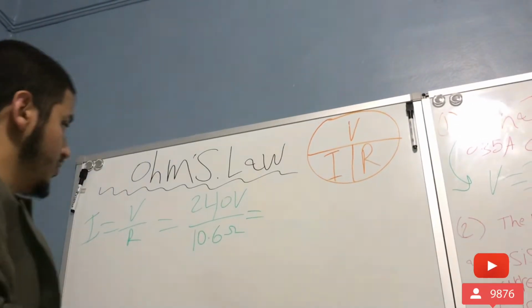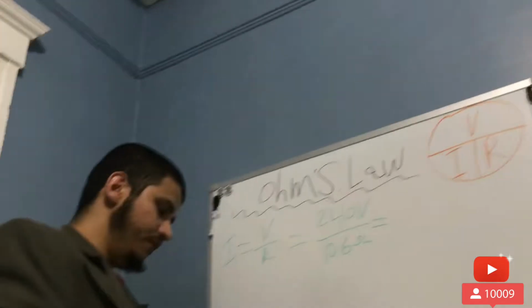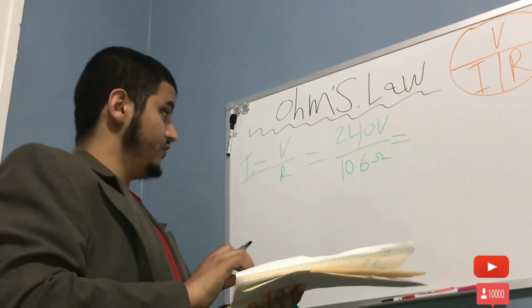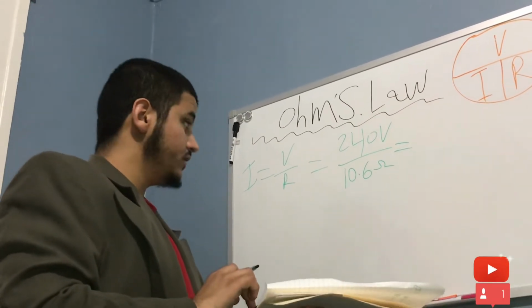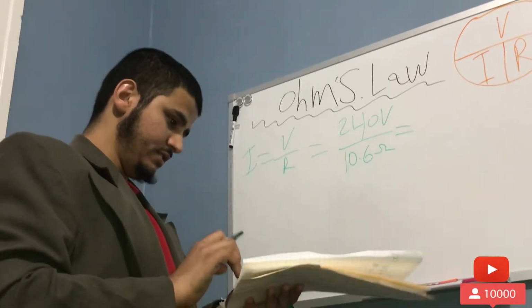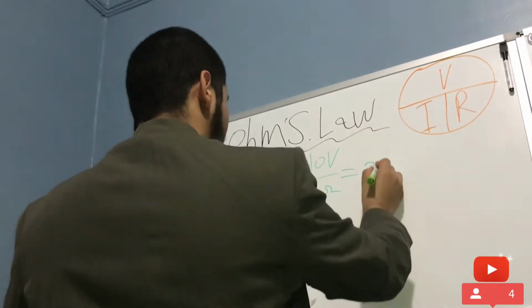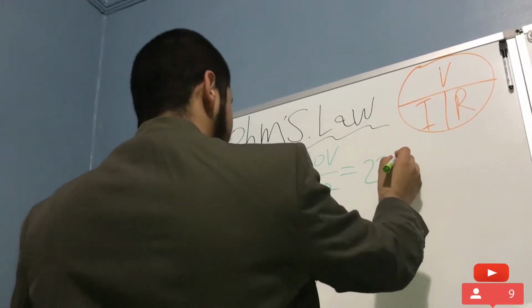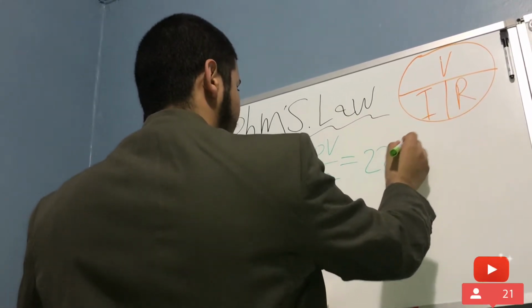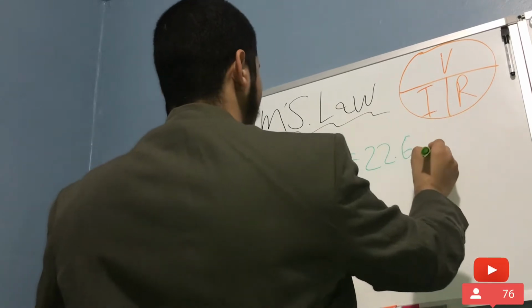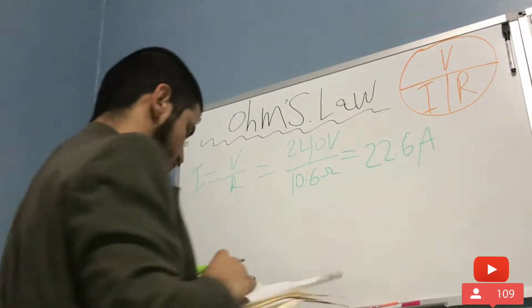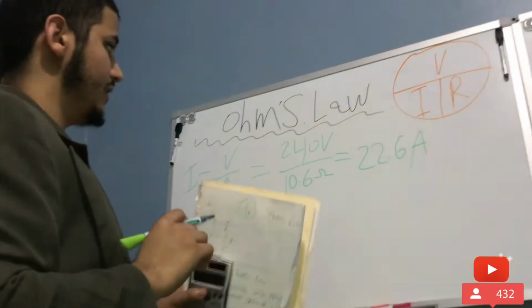You put 240 volts divided by 10.6. You will get 22.6 amps.